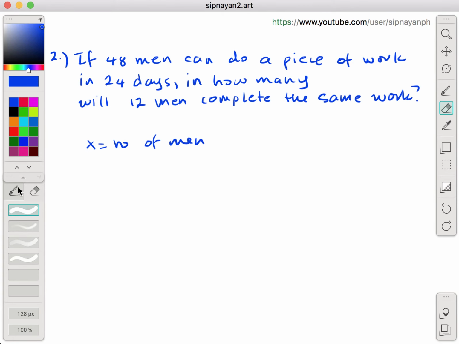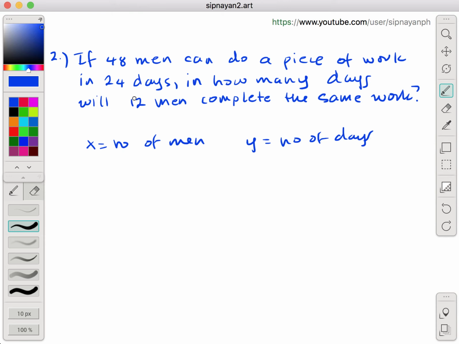This is not hours. This is days. Kasi days yun nandito pala natin. So, days. And our y here is number of days. So, 48 men and 24 days. So, this is 48. Okay natin ay xy, di ba? xy equals k, binaliktad ko lang.